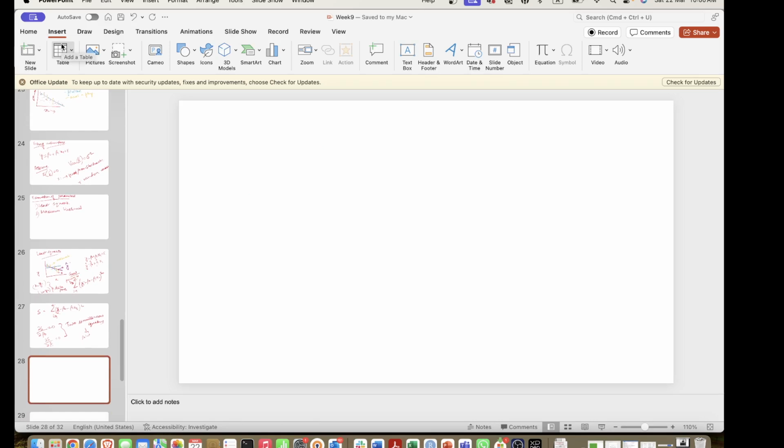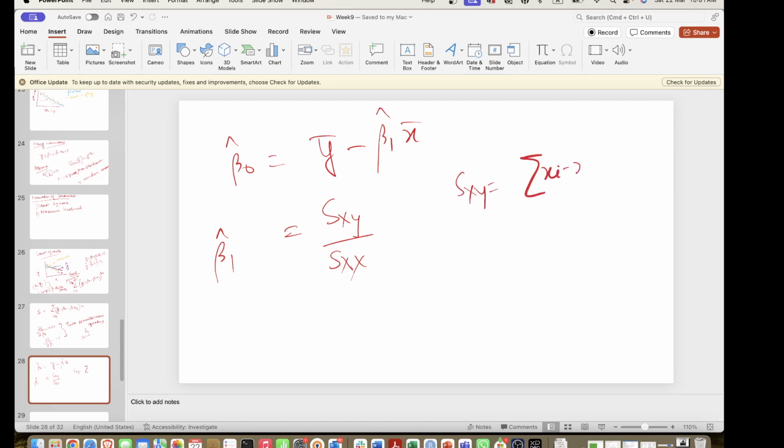So what we essentially get is this. Beta naught hat becomes y bar minus beta 1 hat x bar, and beta 1 hat becomes Sxy by Sxx, where Sxy equals summation xi minus x bar times yi minus y bar, and Sxx is summation xi minus x bar whole square, i equal to 1 to n.